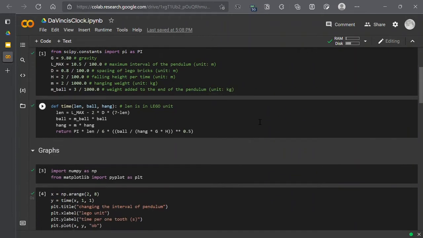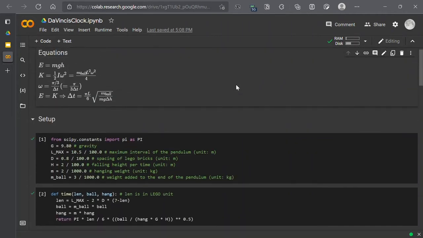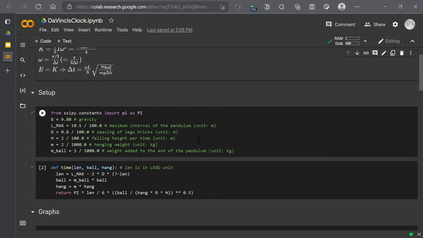And here is the function for the equation delta t equals pi L over 6 times square root of m ball over m g delta h. And delta h is H, set up here.